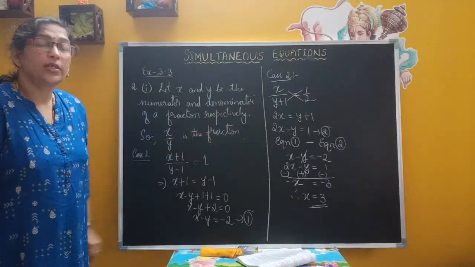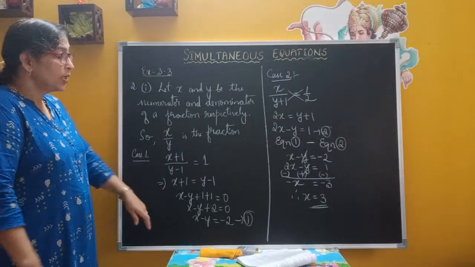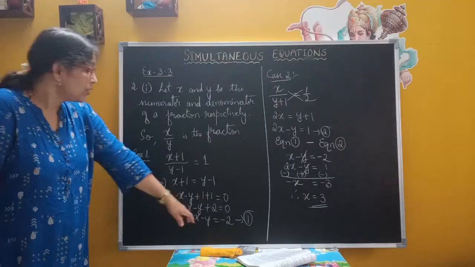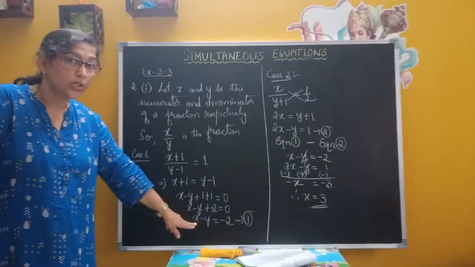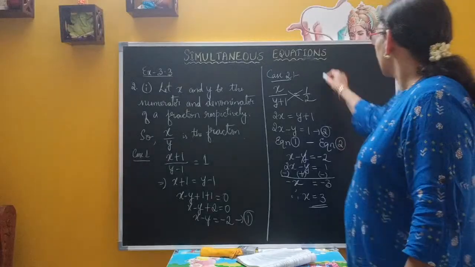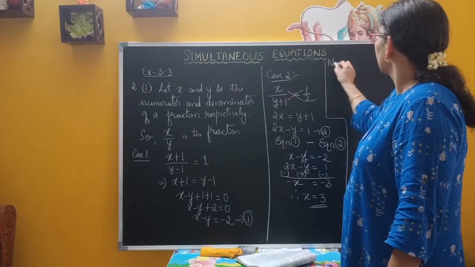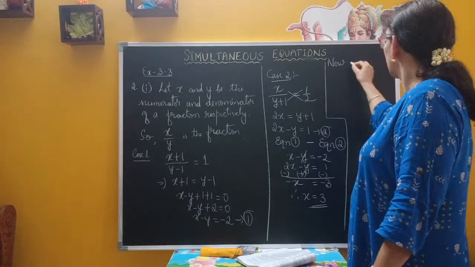After getting the value of x, what should be done? As usual, substitute this value in one of the equations, any one. So let us take the first one. This is a simple equation. So put x as 3.